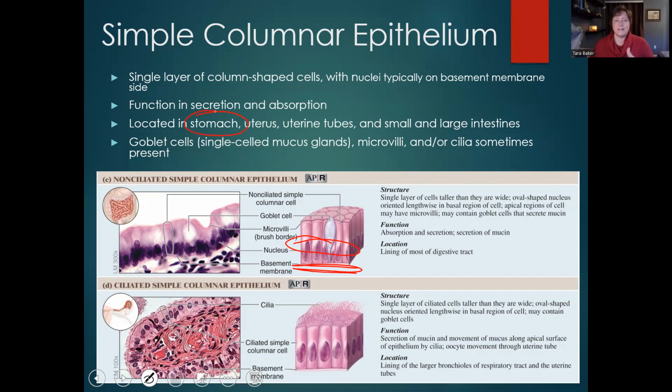Within these simple columnar cells, we're often going to find a specific type of cell called goblet cells. Goblet cells are mucus glands, making mucus. In this picture, that is a goblet cell sitting amongst the simple columnar epithelial cells. The goblet cells make mucus in our stomach. You guys know this, right?